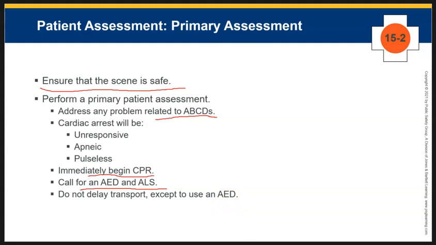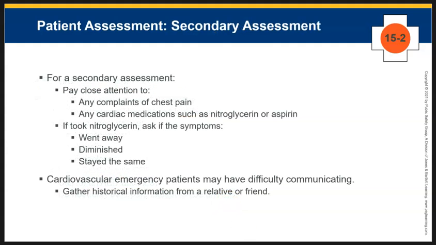If you're able to move then to patient history and secondary assessment, pay very close attention to any complaints of chest pain, and in your SAMPLE history, any cardiac medications such as nitroglycerin or a daily aspirin. If they took nitroglycerin, ask if the symptoms they're experiencing have gone away, diminished, or stayed the same.